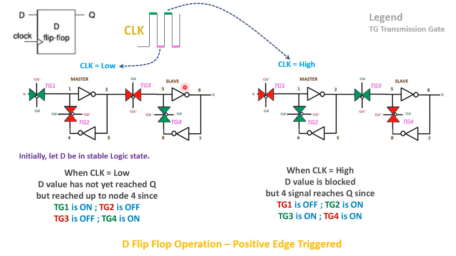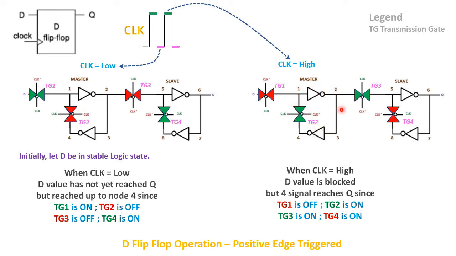Now when the clock goes to logic high, we will further see how the data moves. When clock equals high, you will observe that clock bar equals 0, so this transmission gate is off. You will also observe that this transmission gate is on, so whatever was the data at 4 will reach 1 and will be retained in this state through this back-to-back connected network.